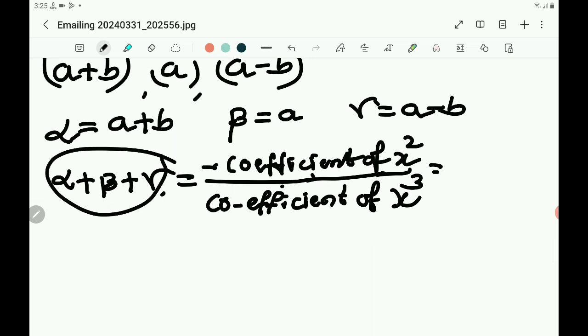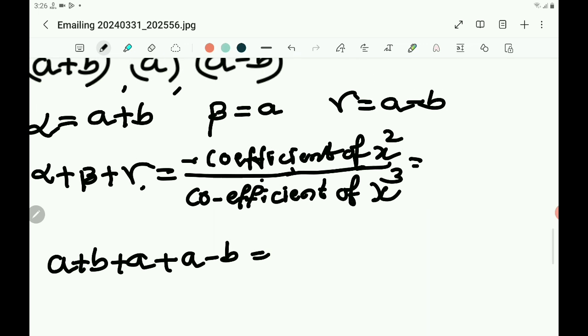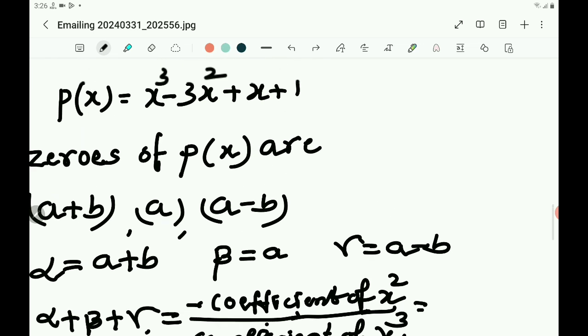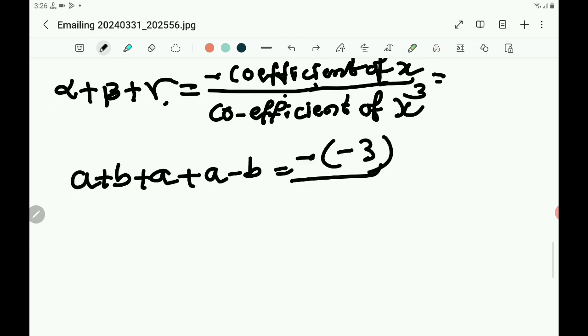So let us write alpha plus beta plus gamma, that is a plus b plus a plus a minus b. Then you write it is a plus b plus a plus a minus b, equal to minus of minus 3 by the coefficient of x cube, that is 1.